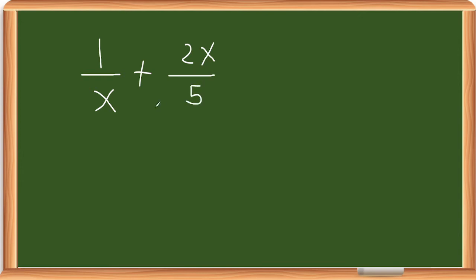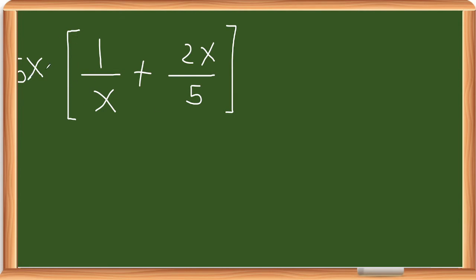The first thing that you should do is get rid of the denominator. And the denominators are 5 and x. To get rid of the denominator, you have to multiply by the one that is in the denominator itself. So we have 5 and x, so we have to multiply 5x to this expression.